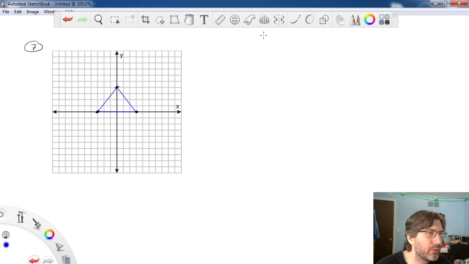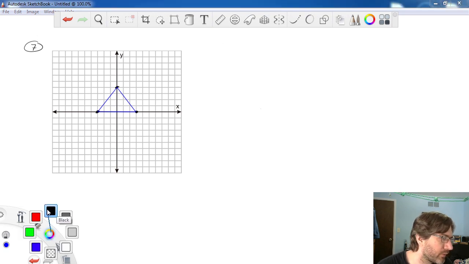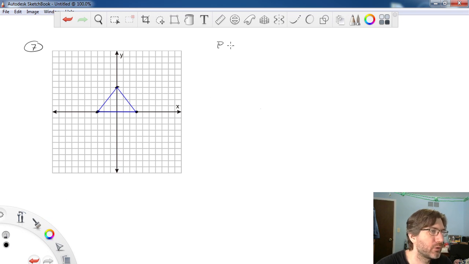I am going to go ahead and name my points so I can actually get the points. If you want to do it that way, you can, but it's asking for what? Perimeter? Yeah, it's asking for perimeter. The easier way to do this is probably just by counting it. But you can use your formula for it. So I want the perimeter of this shape. Right, you can do it by counting.